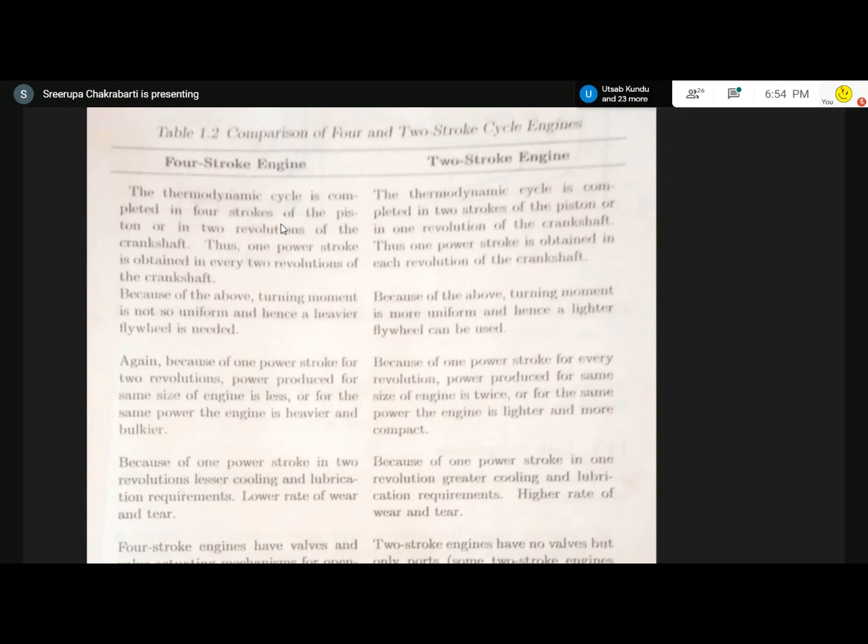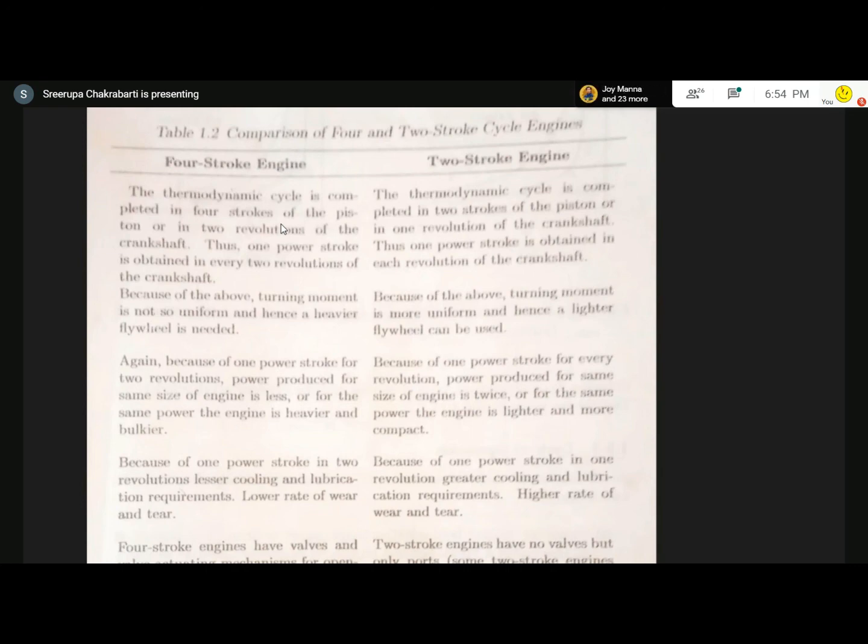The variation is maximum torque minus minimum torque, occurring for 720 degrees rotation. In a two-stroke engine, in 720 degrees rotation, there are two such cycles, so that maximum minus minimum torque occurs twice. So the average value of torque variation will be less.